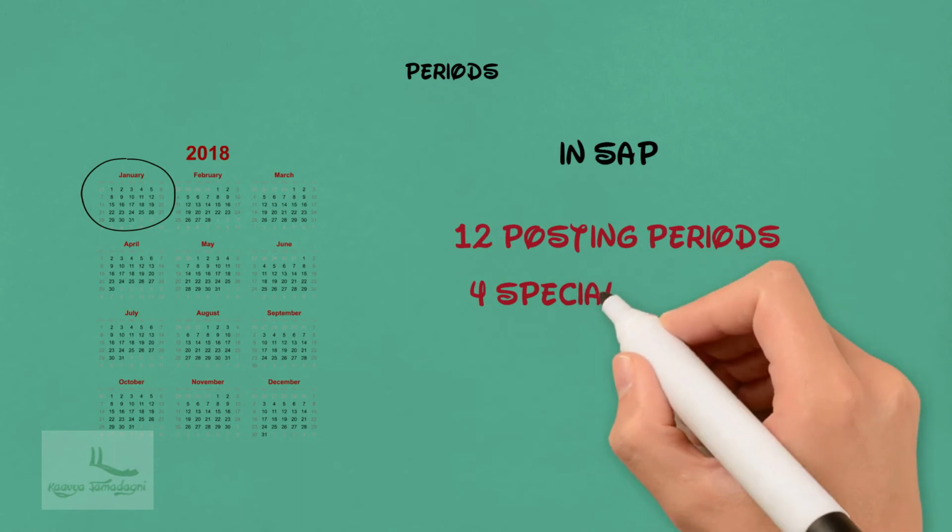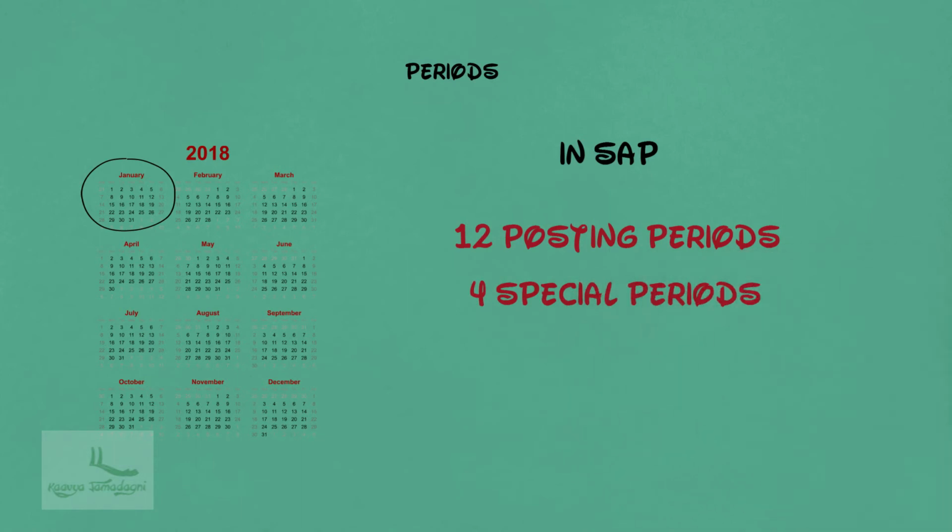Please remember these 4 special periods are only for adjustment purposes, not for any original postings. You can use the special period only if you want to make adjustments. Let me give you an example to show you the importance of the special period.